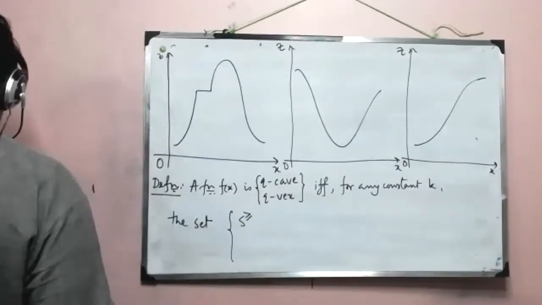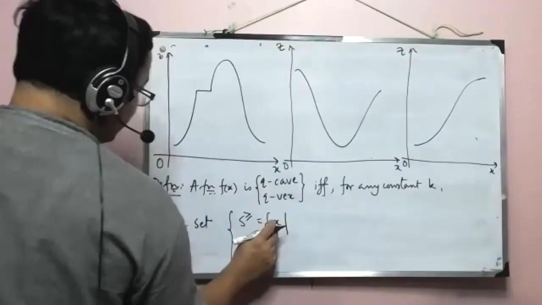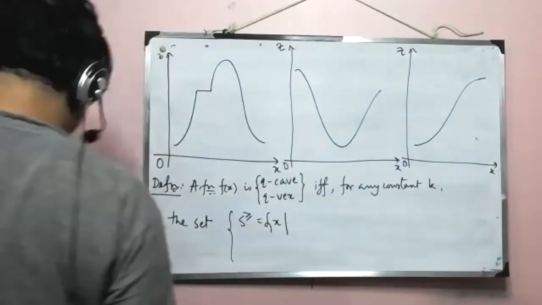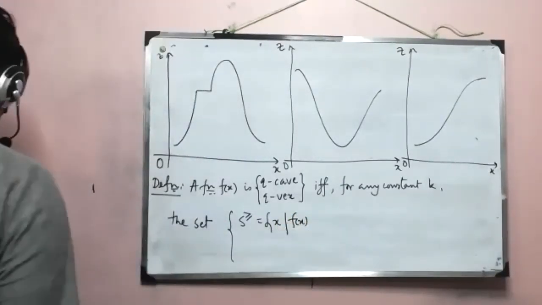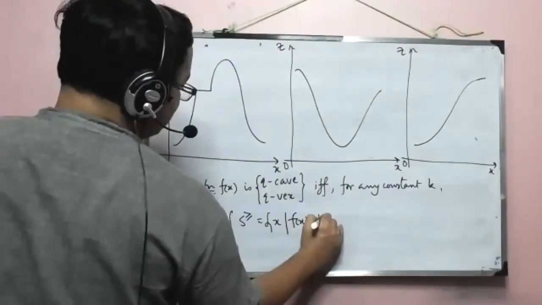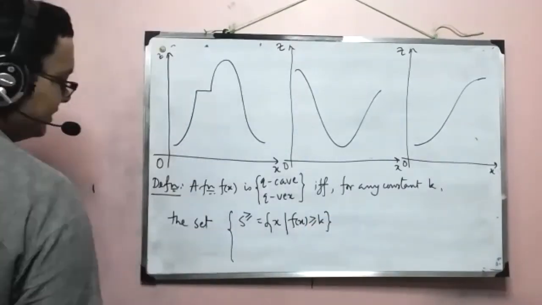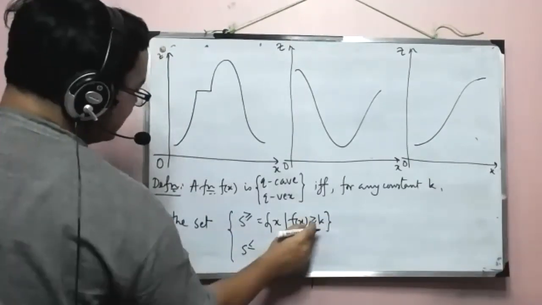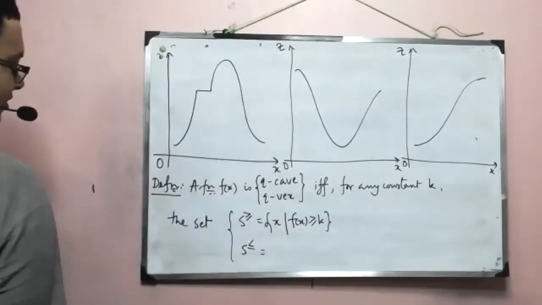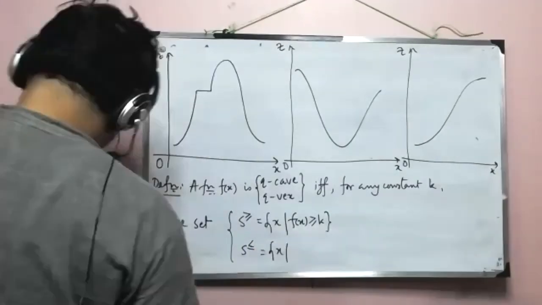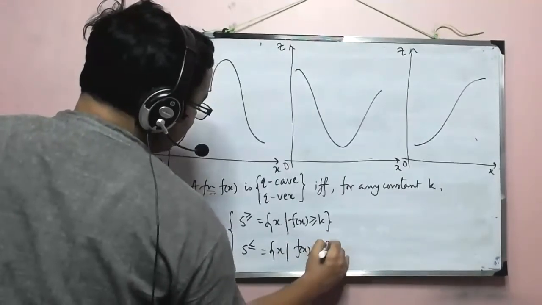S greater than is the collection of x in the domain such that f(x), which is our z value, is greater than or equal to some k. And this is S less than: here it was greater than, that's why S greater than, and here it is less than. So the collection of x given f(x) is less than or equal to k.